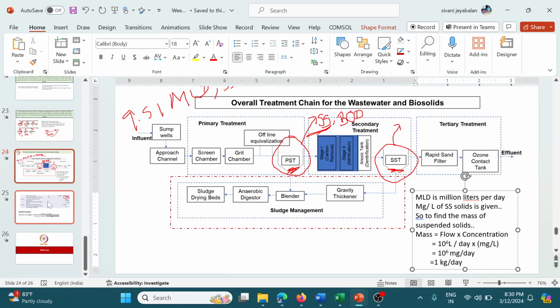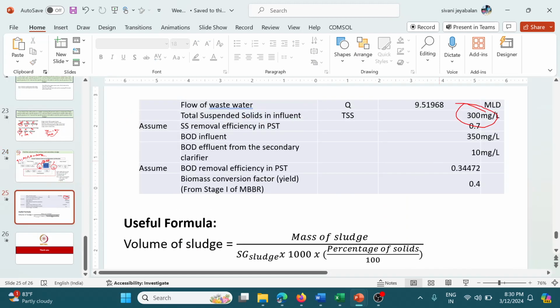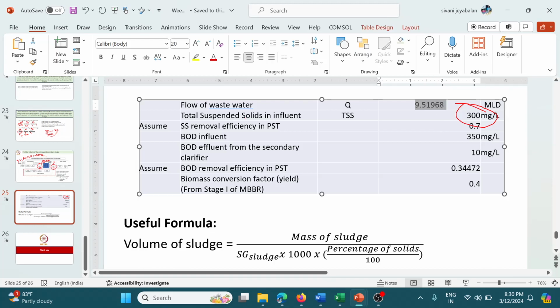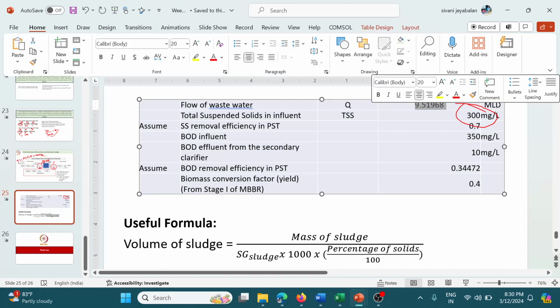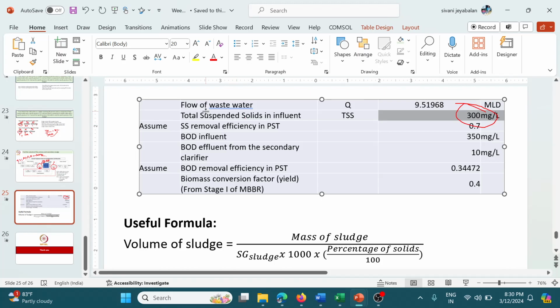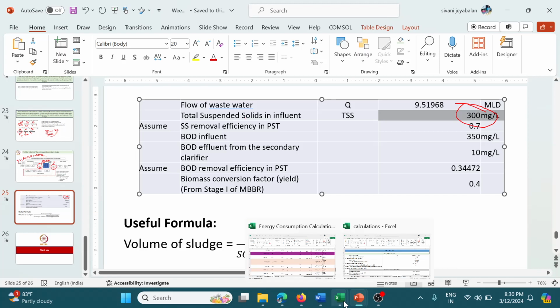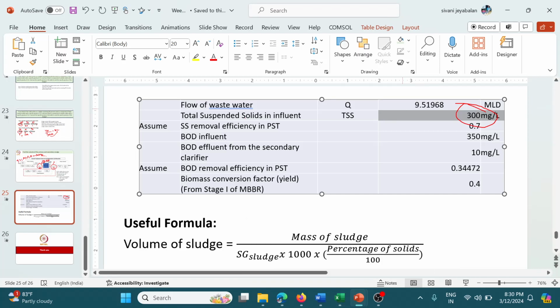Okay. So now you know what is this flow. It is 9.51 into 300. If you put, you will know what is the total mass of suspended solids from the influent. This into this will give you the mass of suspended solids in the influent. Now you tell me the answer. I have solved and kept. I will cross verify with this.